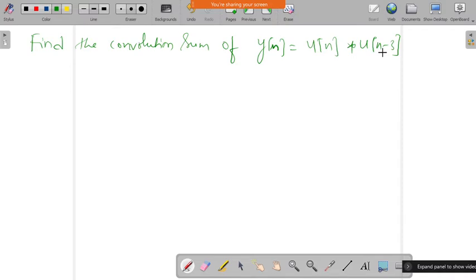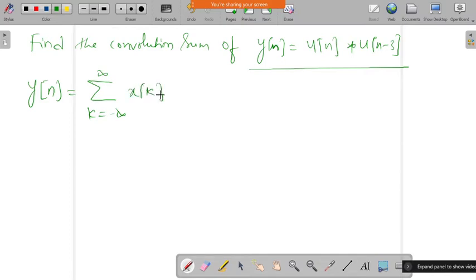Okay, so now this is the given sequence. Now we need to find out the convolution sum of this. So now we know the convolution equation, which is summation k equal to minus infinity to plus infinity x of k into h of n minus k.